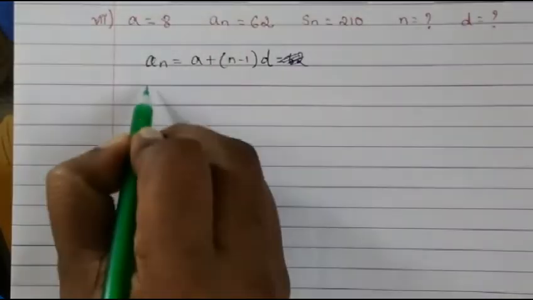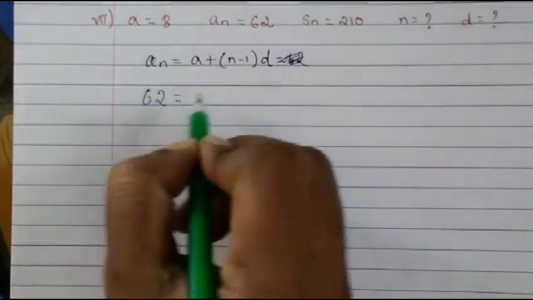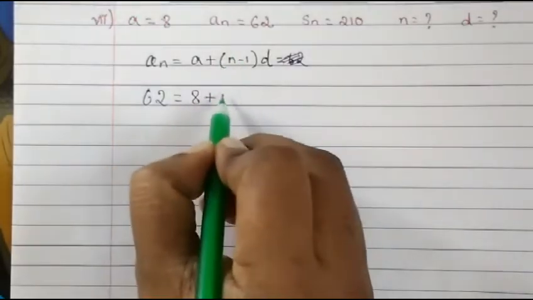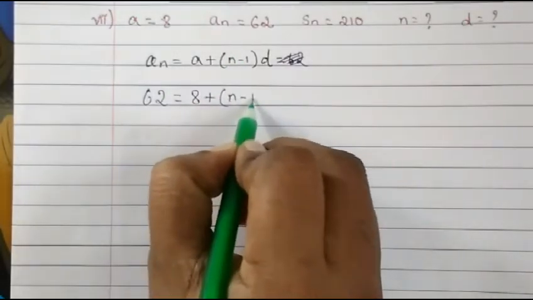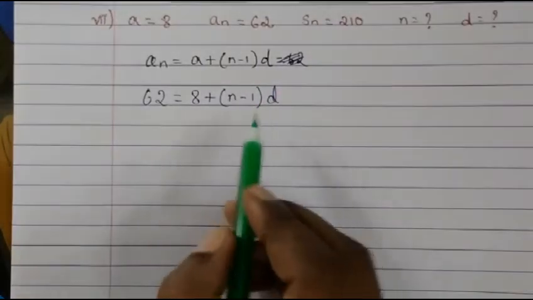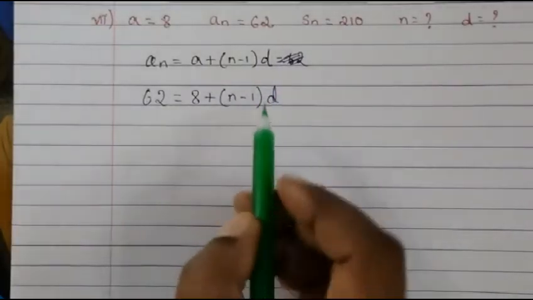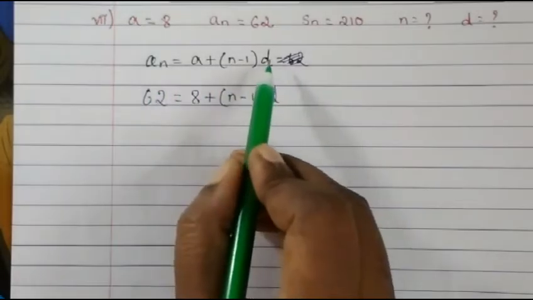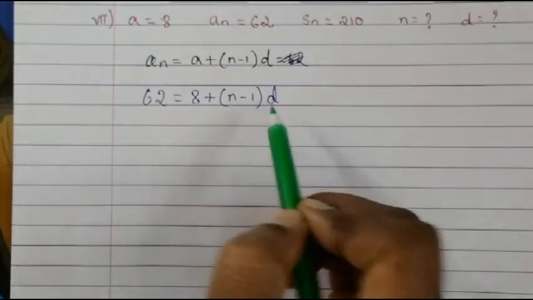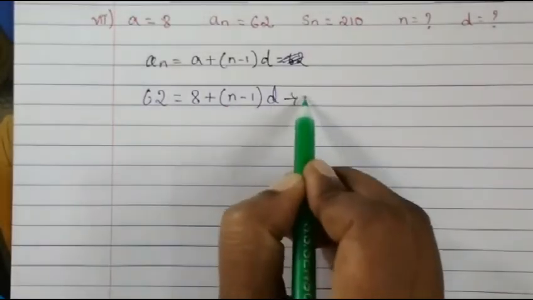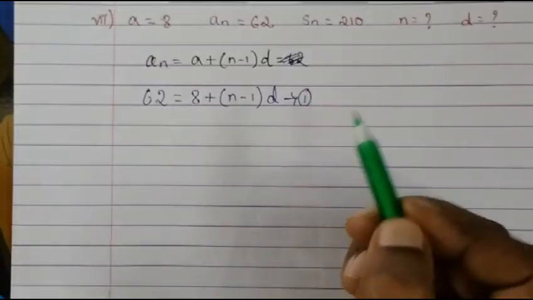So an is 62, a is given to us 8, n value we don't know, so n minus 1, d also we don't know. So we'll keep it as it is, because if we know any 3 values, then we can find out the 4th value, but here 2 variables are not given to us, so it is not easy to find out. So let's keep it as equation 1.